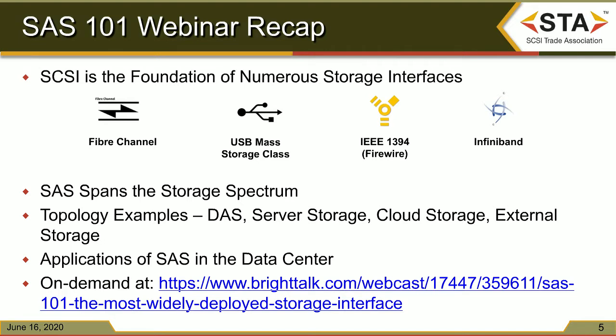This was followed by some basic topologies of SAS, again, ranging from basic direct server attached storage to cloud and external storage. And then we wrapped it up with a discussion on a variety of data center applications and how they map to the overall picture. This is a great primer, and I encourage you to go take a look at it for a refresher. You can see it there on the BrightTALK link at the bottom of this slide.